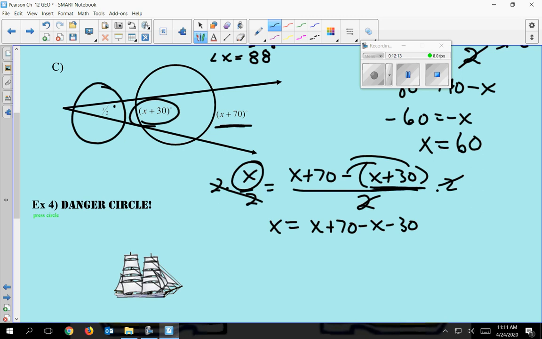We've got to remember to do it all the way through. If you notice, the x's cancel each other out because there's a negative and a positive of the same value. And then 70 minus 30 gives me 40, okay? And if you took that 40 and plugged it back into the equation, you'd see that it comes out correct, okay?